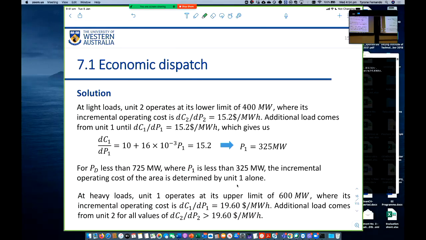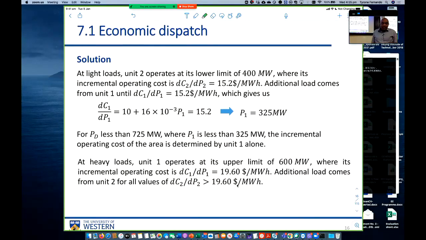The incremental cost for P1 equals that figure of 15.2, the incremental cost for generator 2, only when it's providing 325. Below that, it's lower. So we don't use generator 2 until that point.